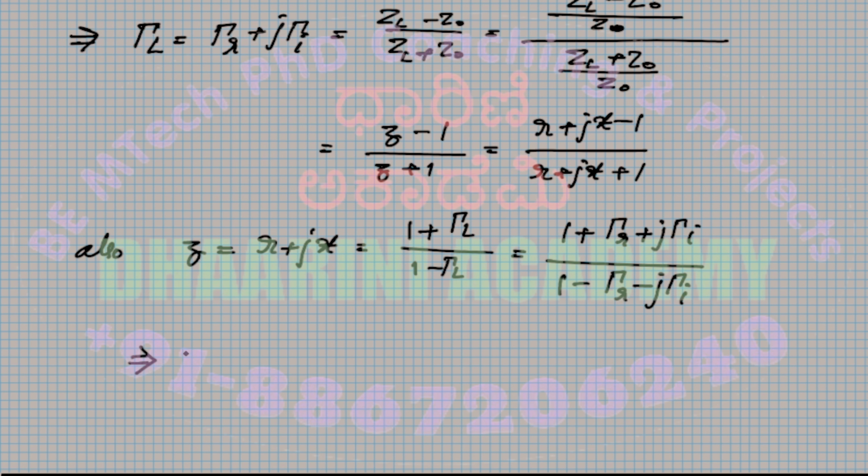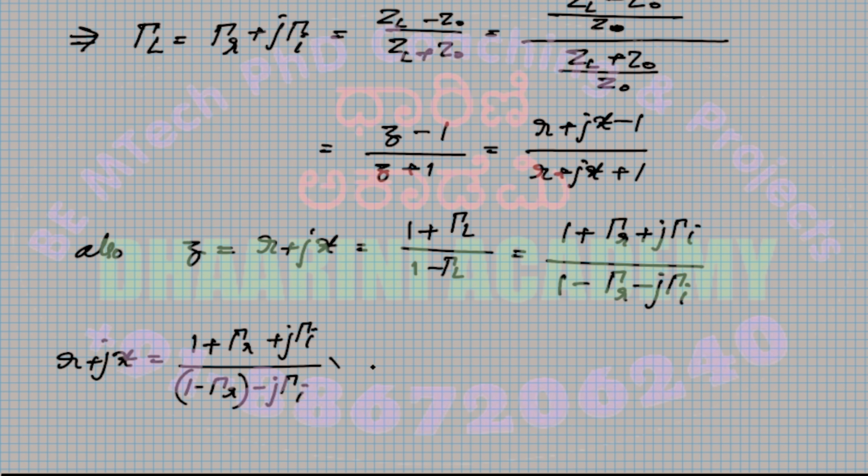So R plus jX is equal to 1 plus gamma R plus j times gamma I, divided by 1 minus gamma R, minus j times gamma I. In order to rationalize, multiply and divide by the complex conjugate of the denominator, that means multiply 1 minus gamma R plus j times gamma I to the numerator as well as the denominator.